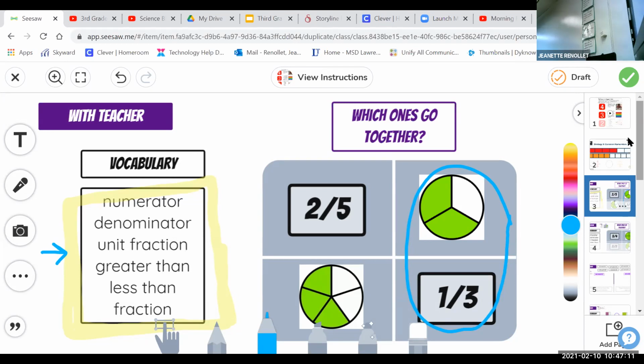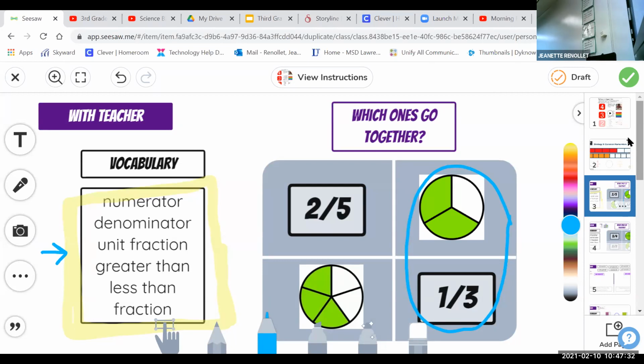So Angela says these go together. Why might she be saying that? Who can use some math vocabulary to explain how these two can go together? Nick? This two spaces highlighted, and there's supposed to be one highlight.